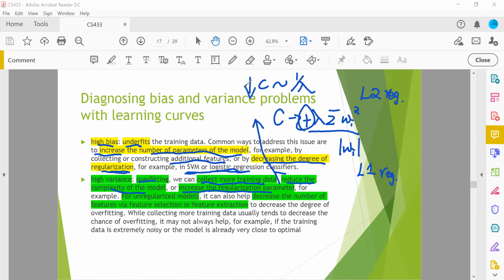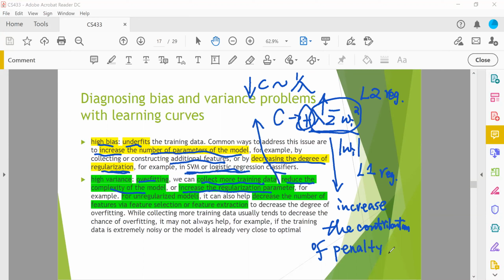So if you decrease C, you increase lambda. If you increase lambda, that means you increase the contribution of the penalty terms, and the penalty is on the weights.